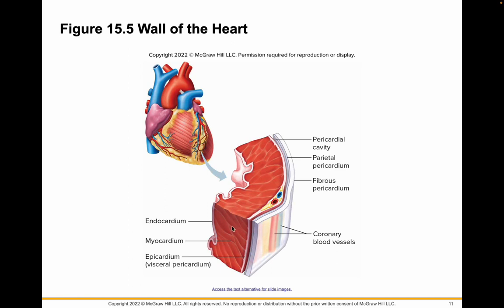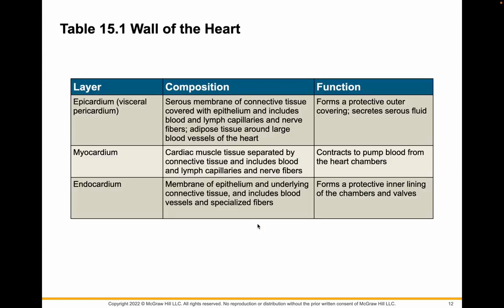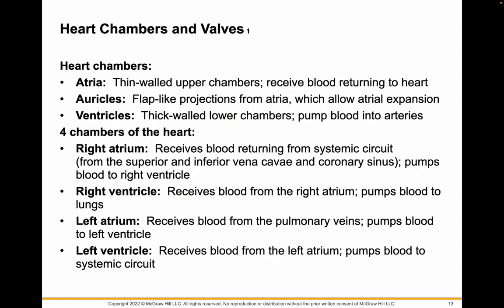We have this myocardial muscle tissue. And then you have your epicardium, also called the visceral pericardium. And the visceral folds to form the parietal pericardium. And what's on the outside of the parietal pericardium? The tough fibrous pericardium. And here is some of that information and what it's made of and what it does.